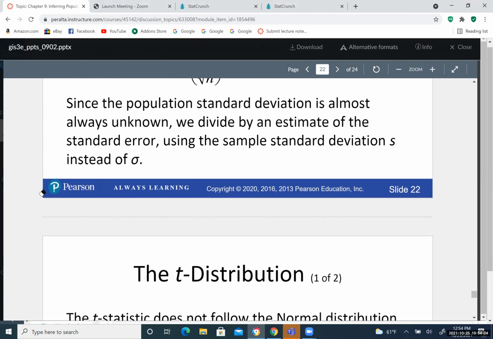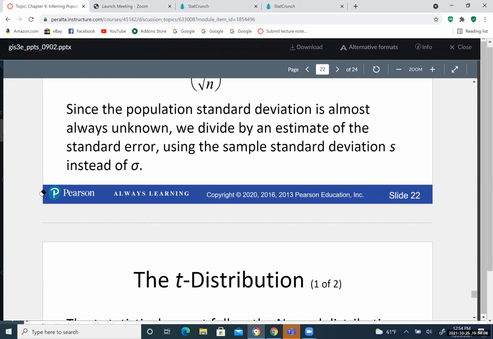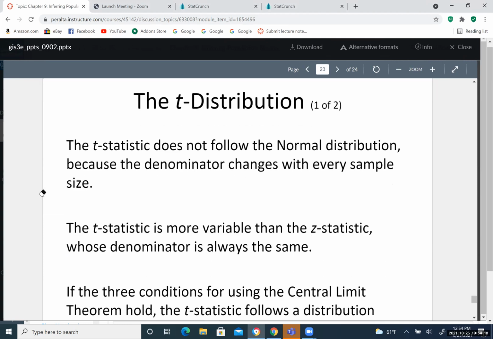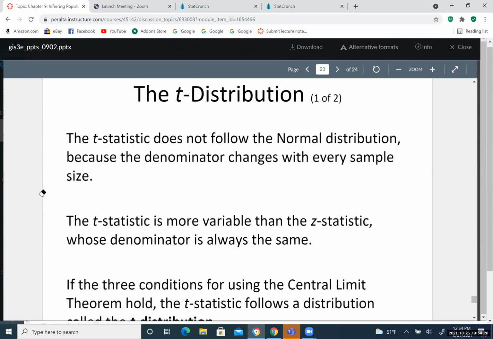Since the population standard deviation is almost always unknown, we divide by an estimate of the standard error using the sample standard deviation S instead of sigma. So let's understand the t distribution, or t statistic.